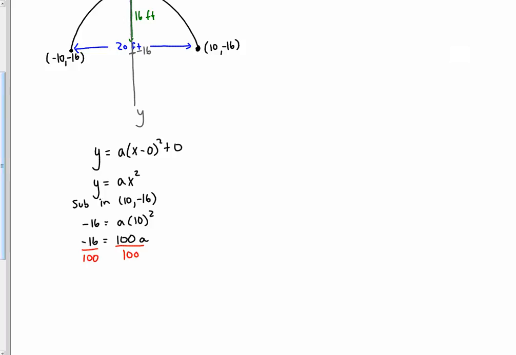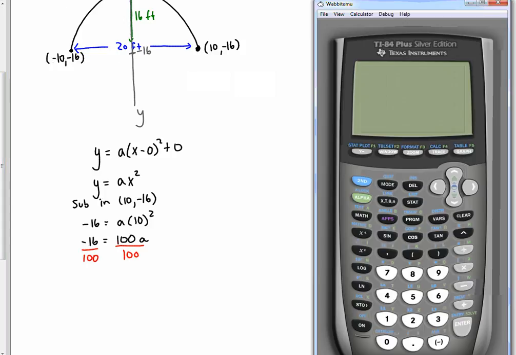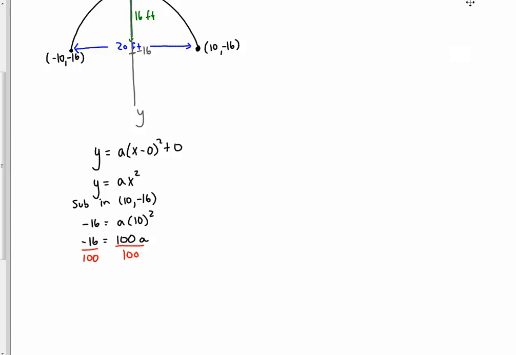Can we reduce that? I know we can. So 8 over 50, 4 over 25. So negative 4 over 25 equals a. And so if our vertex is at the origin, then our equation is y equals negative 4 over 25 x squared.